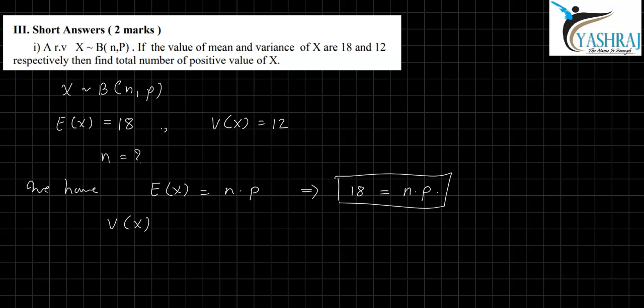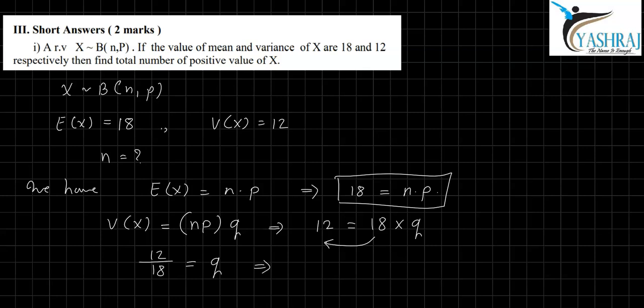Now the formula for the variance of the random variable capital X is given by n into p into q. I will write n into p in one bracket because we have the np value as 18. V(X) equals 12, np equals 18. We might get the value of q. After shifting 18, we have 12 divided by 18 equals q.